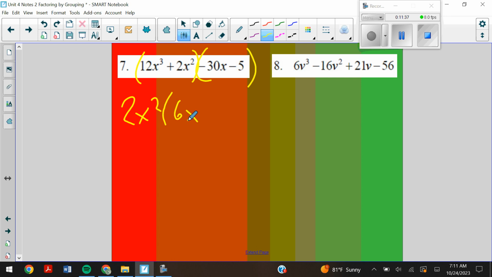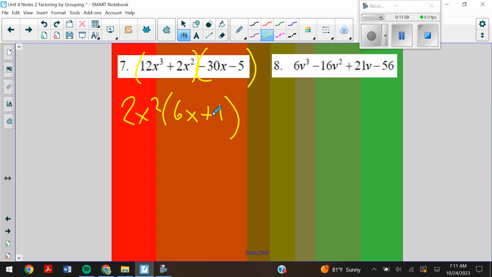And here's one of the parts I really like. I have a 2x squared, and I'm dividing out a 2x squared. So if you factor something out, you have that placeholder 1 there.